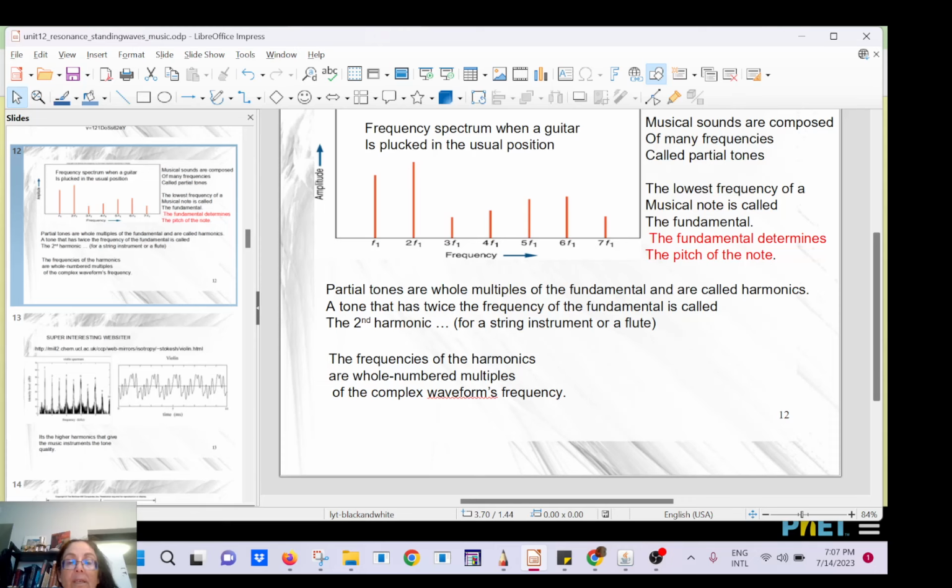Here you have a guitar, and you see that you have that much of the fundamental, then the second harmonic, so the second natural frequency, the third, the fourth, the fifth, the sixth, and the seventh. So when you are playing an instrument, unless you really look for the fundamental, or the second natural frequency or the third, you have a mix of everything.